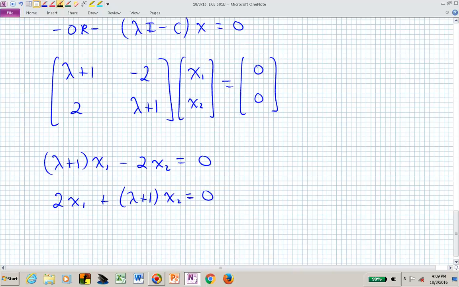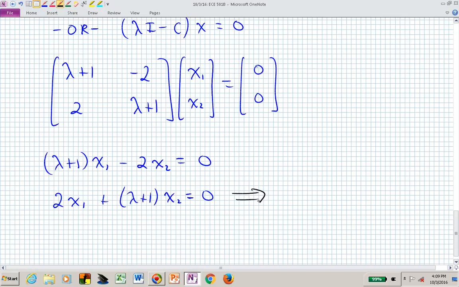We have 2 equations. Let's say that we have some value lambda that we want to eventually find, but right now let's just assume it's constant. Then our 2 unknowns right now are x1 and x2.